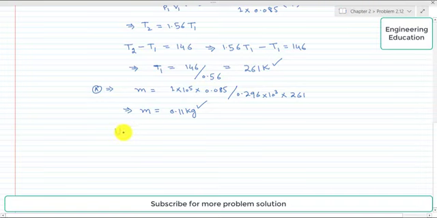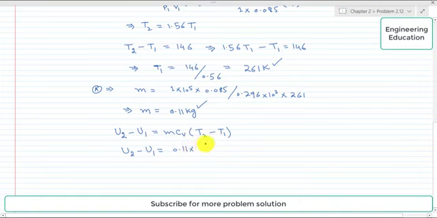So for internal energy U2 minus U1, we have the expression equal to m Cv times T2 minus T1. If we put the values, U2 minus U1 will be equal to m value is calculated, that is 0.11.